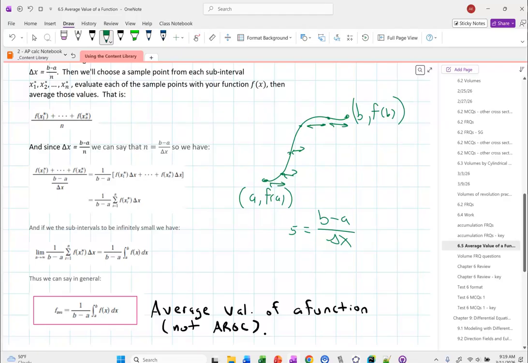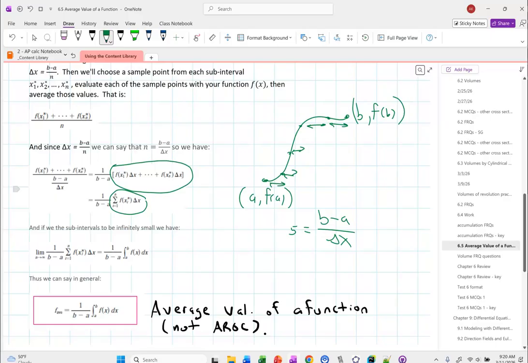So we can rearrange this. We can substitute the b minus a over delta x in, and then multiply by the reciprocal, and we get this thing, and I recognize something like this. That's a sum, and that sum is the basis for our integral.